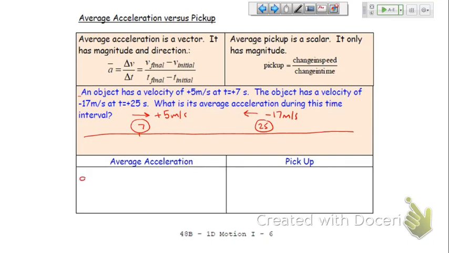My average acceleration is equal to my change in velocity over my change in time, which equals v final minus v initial over t final minus t initial, which equals v final is (-17) minus (+5). And again, that -17 is the direction of the 17.